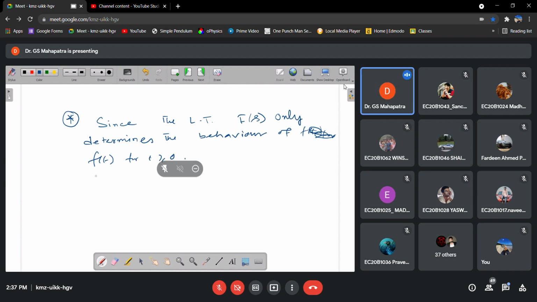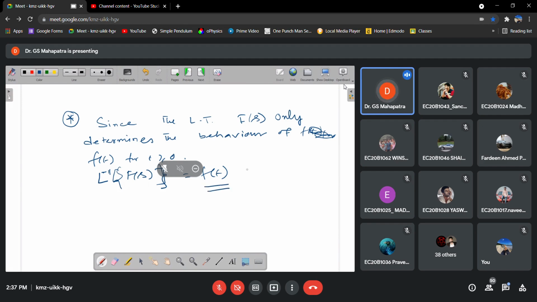But if we take the inverse Laplace transform of capital F of s, equals f of t, as per the concept of the inverse Laplace transform, then what is the range of this f of t?